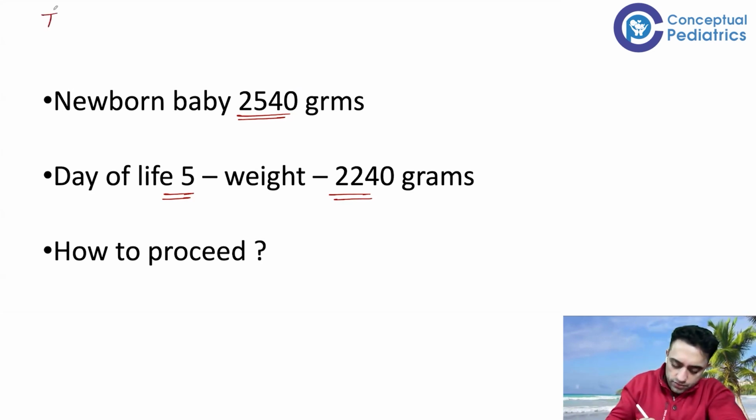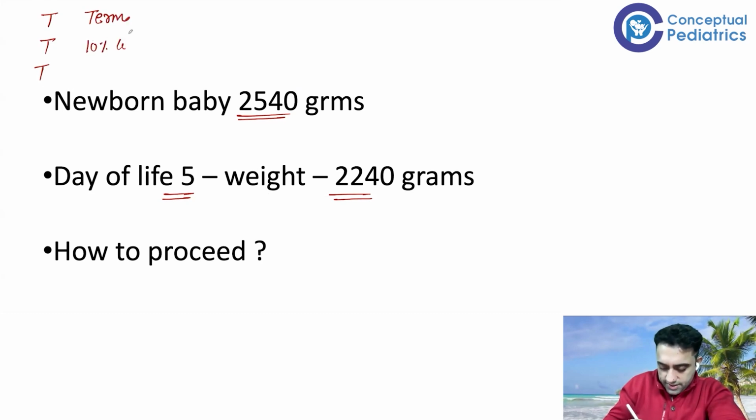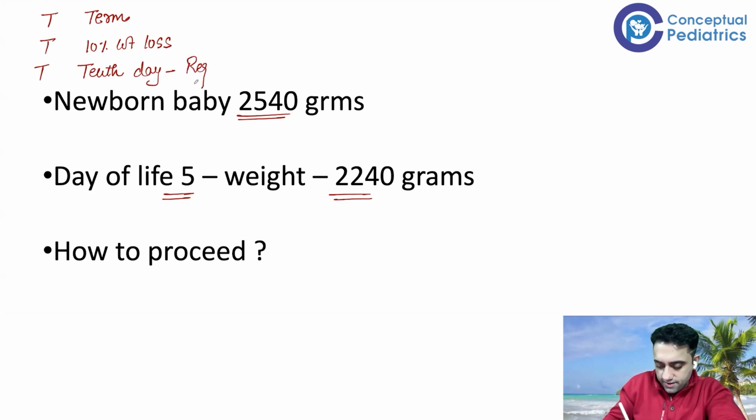As we know, the mnemonic is T, T, and T. A term baby will have a 10% weight loss in the beginning 10 days of life, and on the 10th day the baby regains the weight.